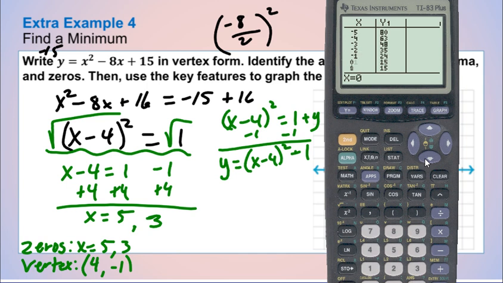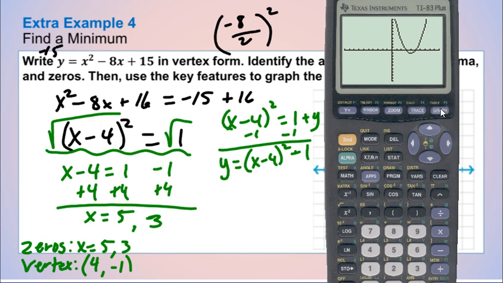My vertex is at 4, so if I go to 4, you can see I have 4, -1 here, which is my vertex because on each end they repeat. My zeros, x is 5 and x is 3. Now if I hit the graph button, you can see my graph right there.